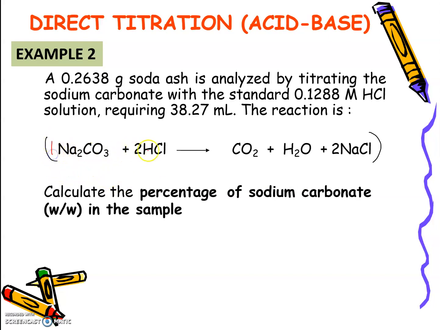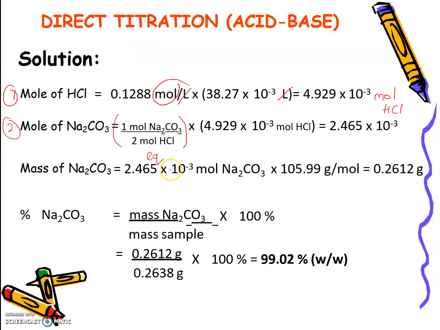Okay, 1 mole sodium carbonate reacts with 2 mole hydrochloric acid. So, comparing the equation to find number of mole of sodium carbonate. Okay. So, here 1 mole sodium carbonate over 2 mole HCl times mole HCl. So, you can cancel the unit of HCl to find mole of sodium carbonate. So, you will get 2.465 exponent -3 mole sodium carbonate.